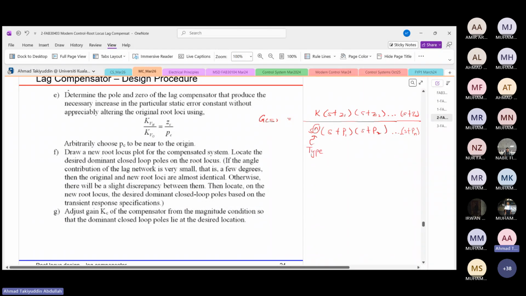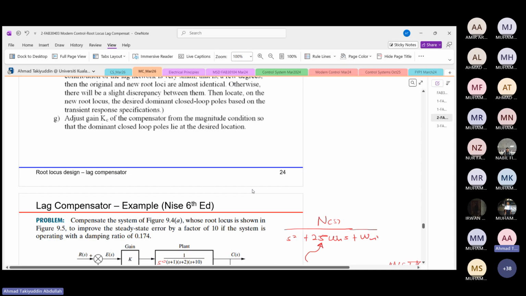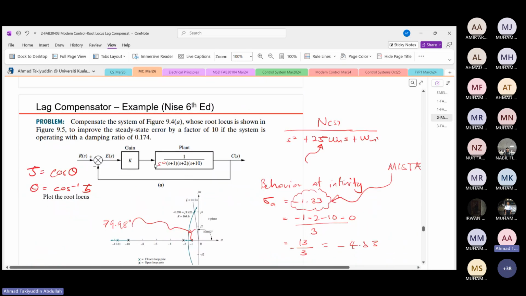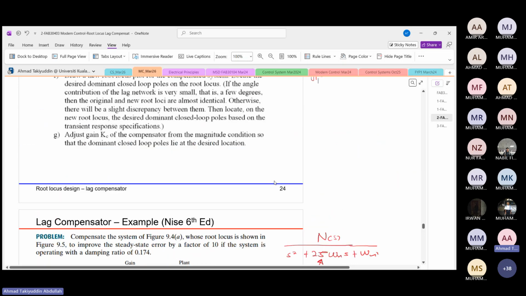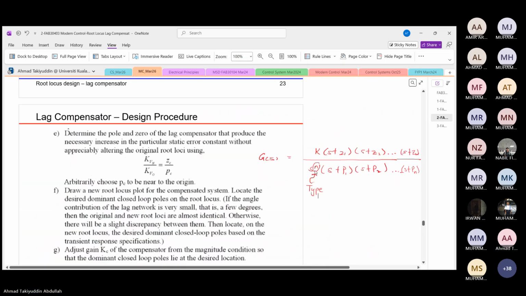So in your example here, this s to the power of n will be s to the power of 0. This is the pole, this is the pole, this is the pole. So that's why we are going to consider Kp.